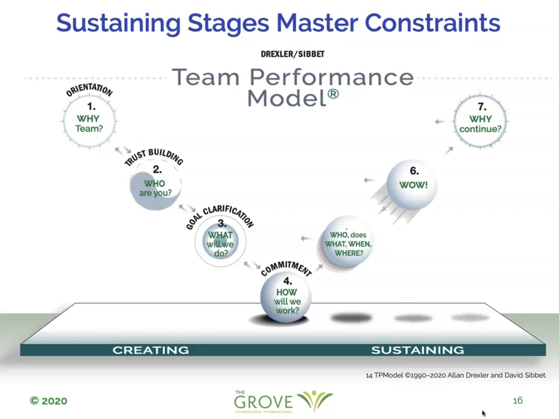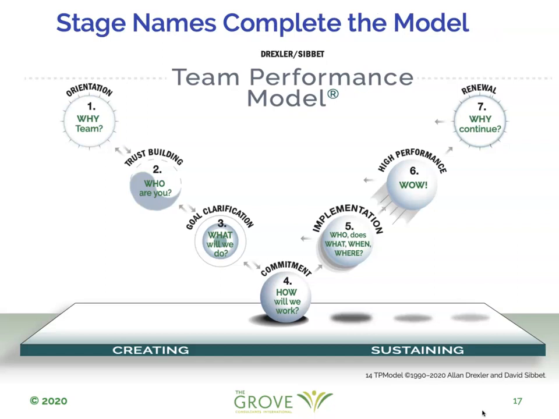So we ended up illustrating the stage 5 here, which we called implementation, as the sequence of the items on the left. It's who does what, when, and where. And it's understanding the sequence of activities aiming toward a goal that allows for solid implementational performance.